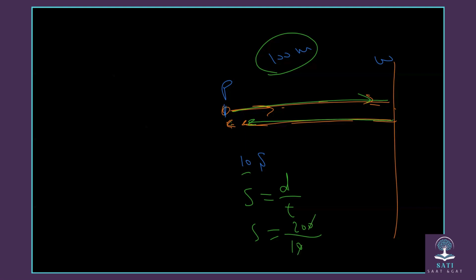So it's going to be 20. These waves are traveling 20 meters per second. It took 10 seconds to go and come back, so to go only takes 5 seconds, which is 100 meters in 5 seconds. That also gives 20.